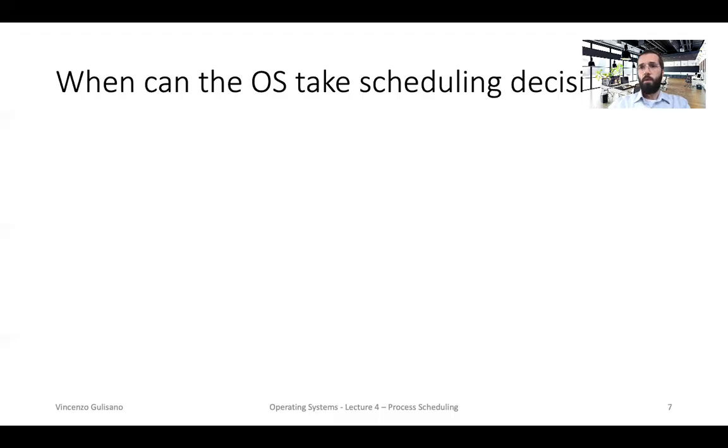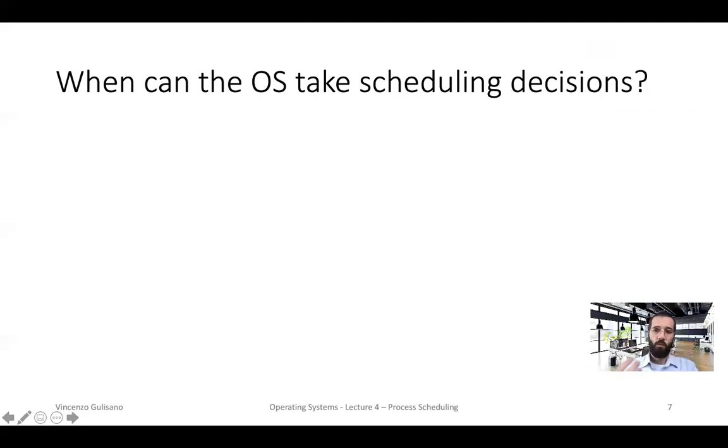Now, if we think about when the operating system can actually take scheduling decisions, then we have different possibilities here. Of course, when you create a process, since you use a system call, let's say fork, for example, that is a point in time in which the operating system has the power to take a decision. Should I keep running the parent process or should I run the child process?